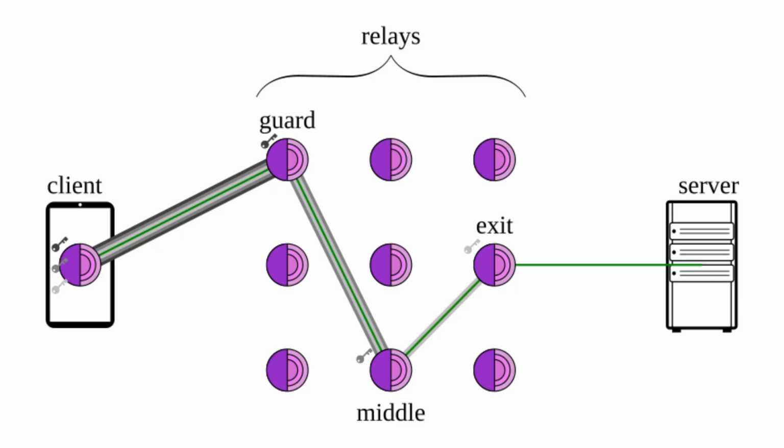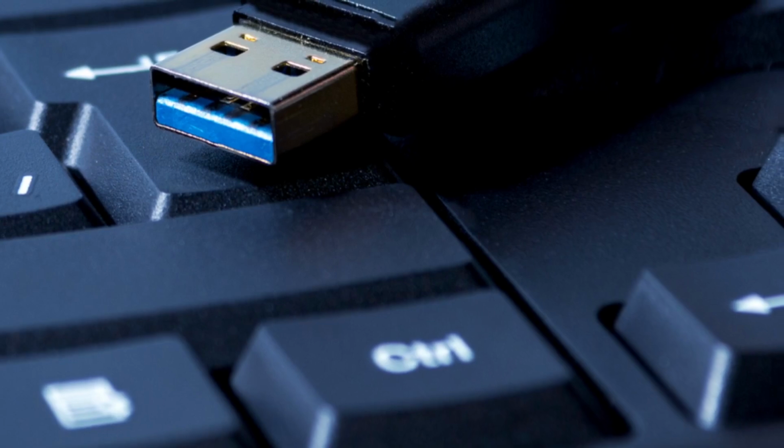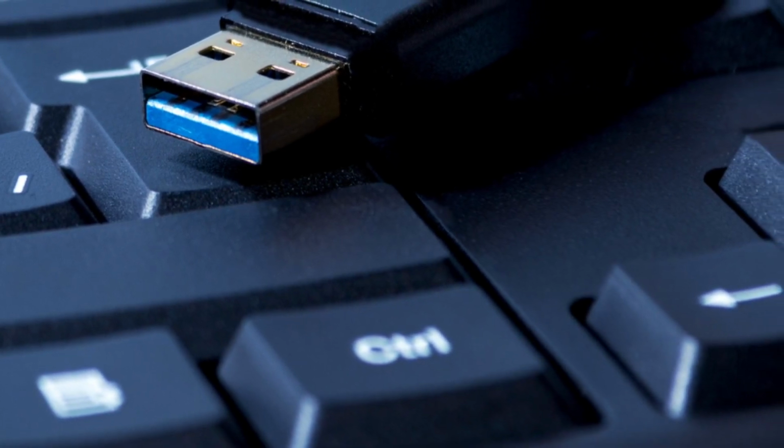Each node in the network undergoes an encryption process, allowing users to remain anonymous. This multi-layered encryption is similar to the layers of an onion, which is the inspiration for the name The Onion Router.